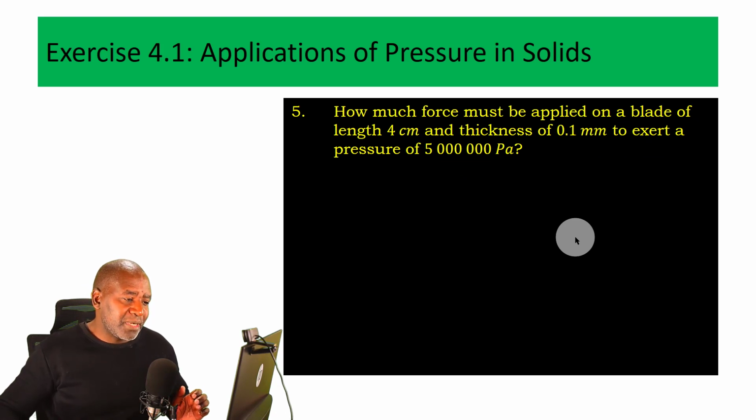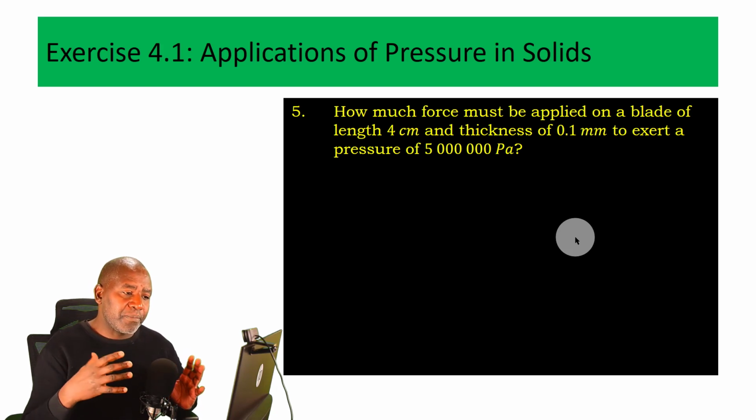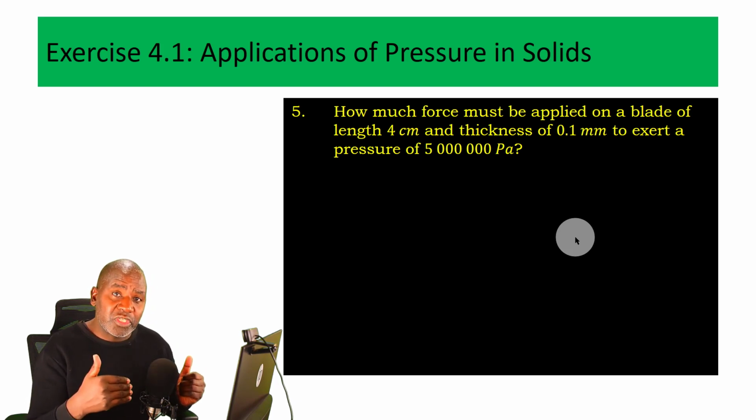How much force must be applied on a blade of length 4 centimeters and thickness 0.1 millimeters to exert a pressure of 5 million pascals? So again, this one is the application of pressure on cutting objects or on piercing objects. Again, this one is not a difficult question.